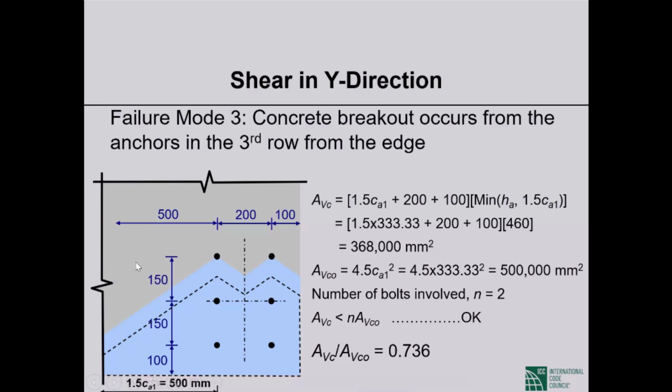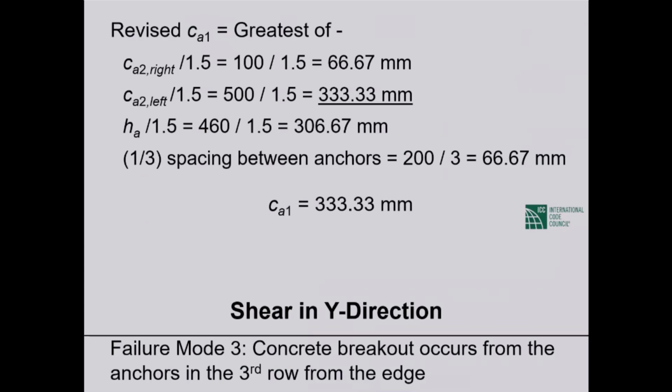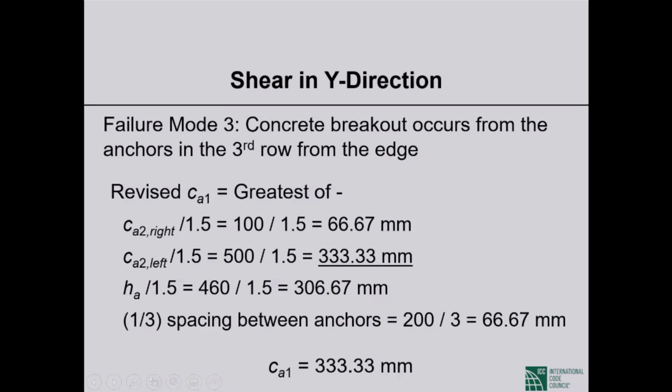This group of two now becomes close to 3 edges because C sub A1 is so large. So the C sub A1 of 400 has to be adjusted down to, I don't remember the number, it came to 333.33 millimeters.